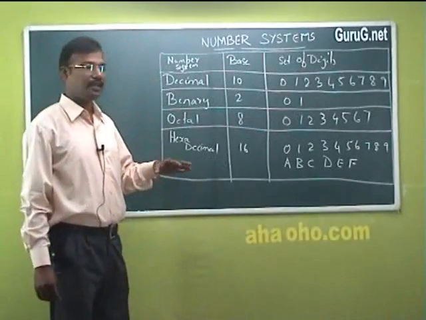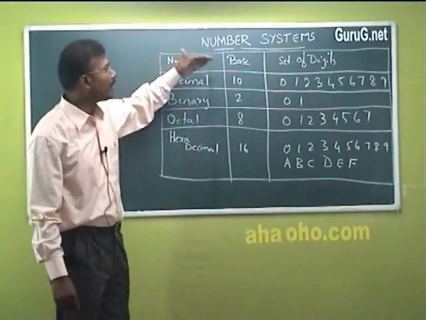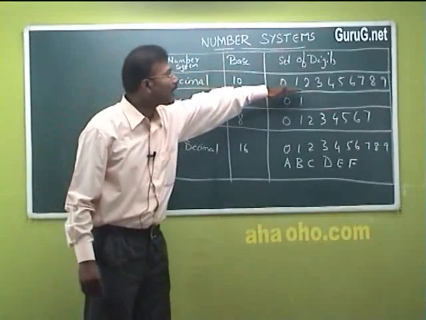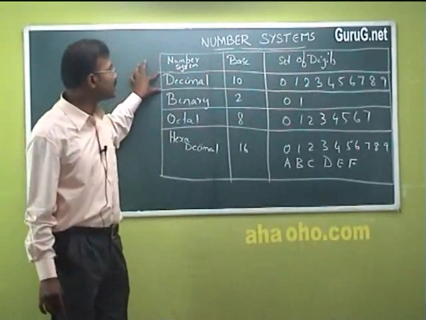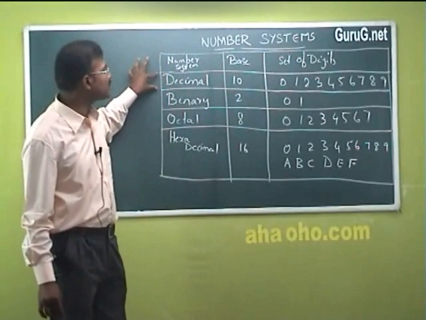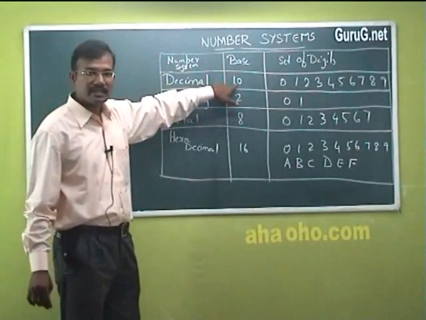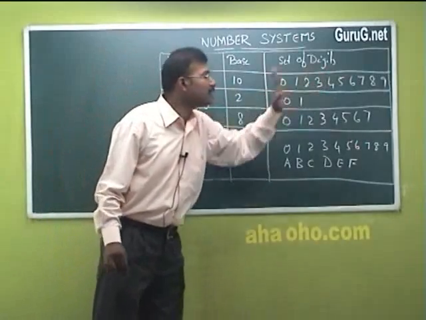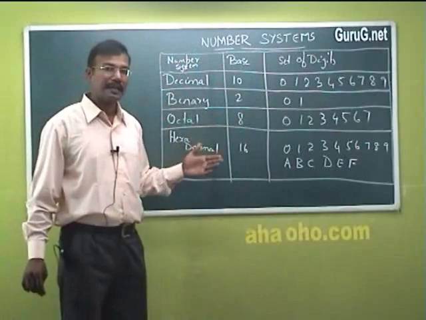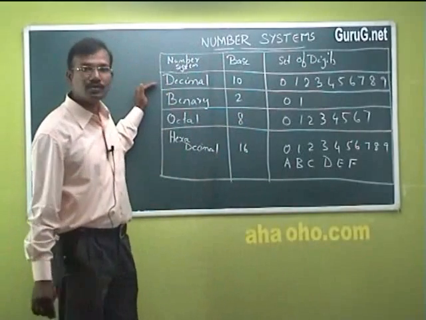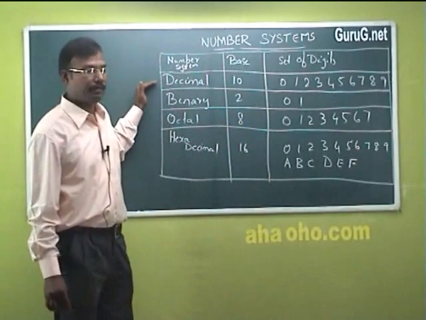Now you can see the different number systems and their bases and the set of allowed digits to represent the quantity. For decimal, we have already discussed: decimal has base 10, and it has 10 distinct values. We have used this from the beginning.